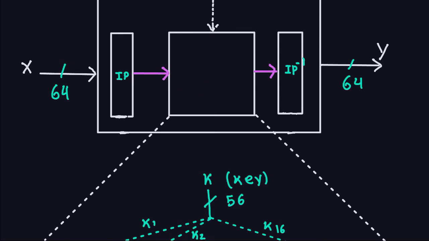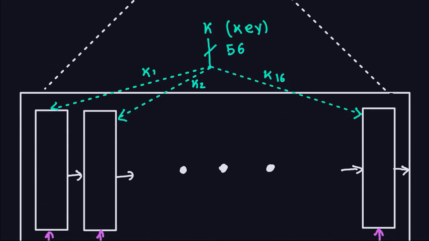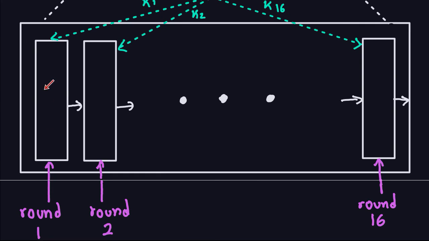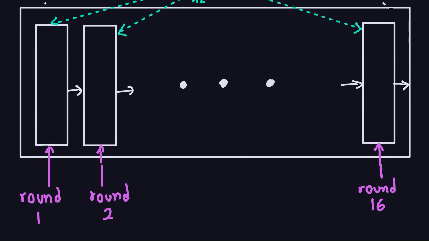This first round, and similar to the other ones, acts on a 64-bit block. I'm going to explain what happens in round 1, and that will give you a good idea of what's going to happen in the other rounds, because they're all very similar.